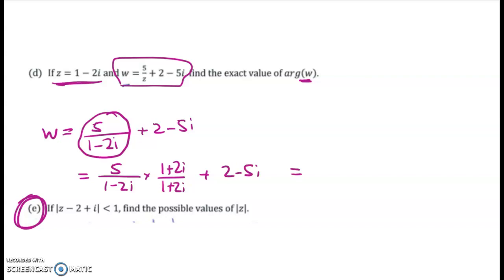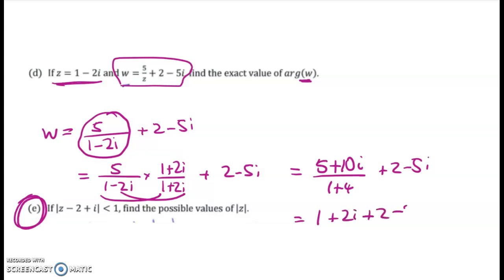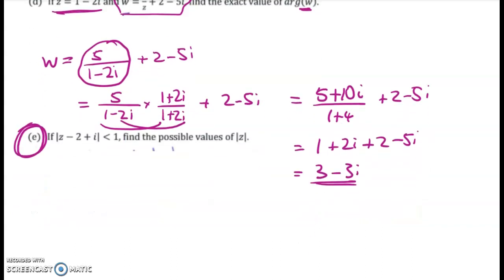And that equals 5 plus 10i over 1 plus 4 plus 2 minus 5i. So you can see that the working here is minimal, right? We've got 5 over 5, which is 1, plus 10i over 5, which is 2i, plus 2 minus 5i, giving me 3 minus 3i. And we need to find the arg of that.